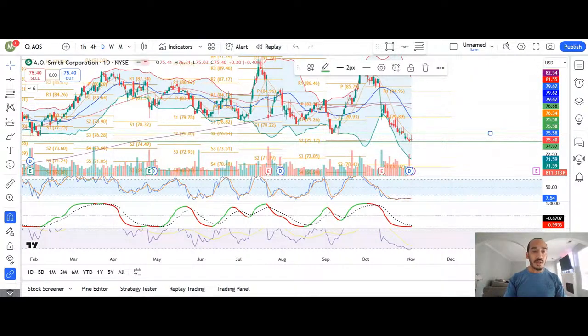You want to make sure the company is profitable, right? So let me type in Yahoo Finance, AOS. Let me pull this up for y'all so y'all can see what I'm doing. All right, so look at their financials.